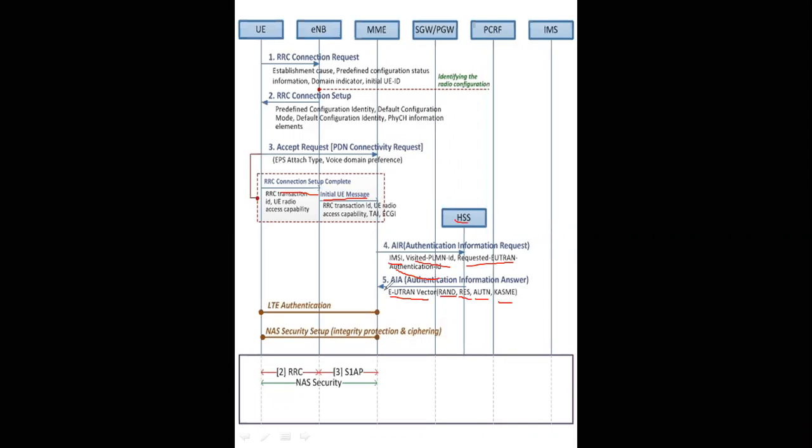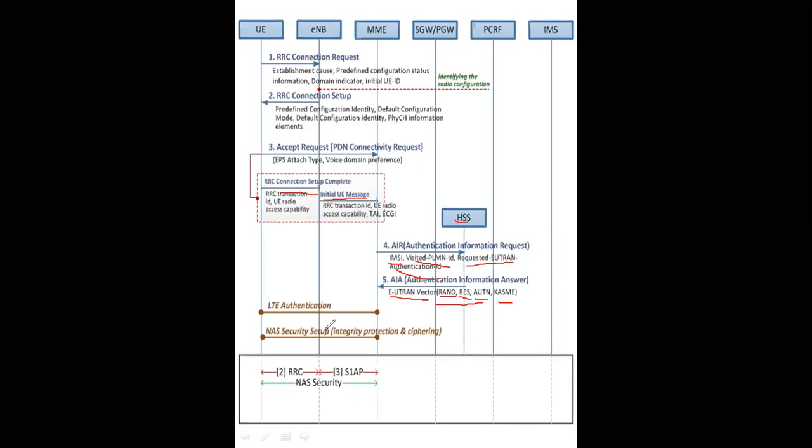Here, once the MME receives this information, the MME sends the authentication request. In this authentication message, the MME sends only the RAND and AUTN values, only these two numbers. Once the UE receives this authentication request, it checks the AUTN value and computes the result, which is compared with the expected result. In an upcoming slide we will learn about authentication. Then the UE sends the security mode complete.